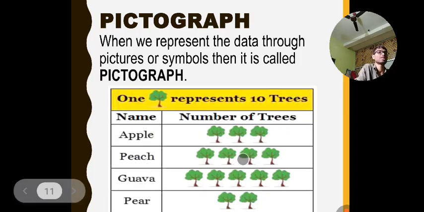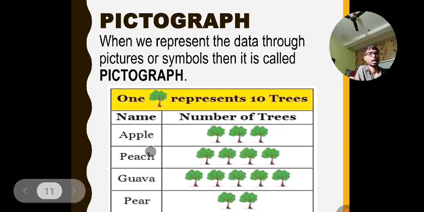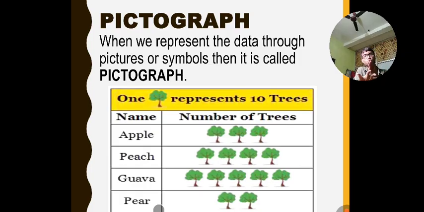We are representing the number of trees with the help of pictures. The apple has 3 trees, the peach has 4, the guava has 5, the pear has 2. So this is how we can represent data by showing figures.